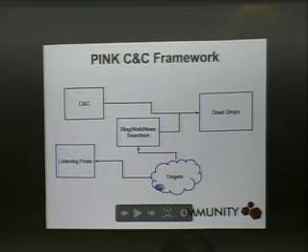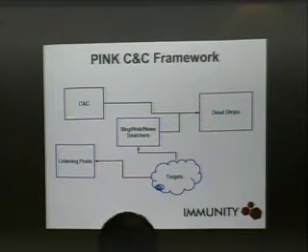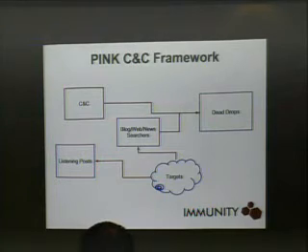So we came up with Pink, and this is what the Pink technology looks like. Once you break into the cloud of targets and deploy your Pink executable into them, the drones talk back to the command and control server, or the master itself, through blogs.